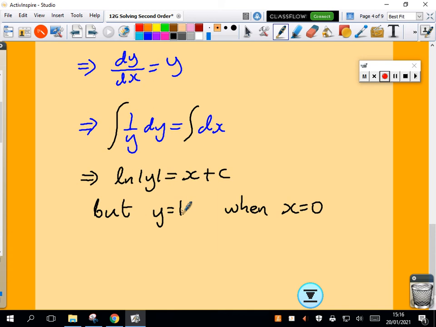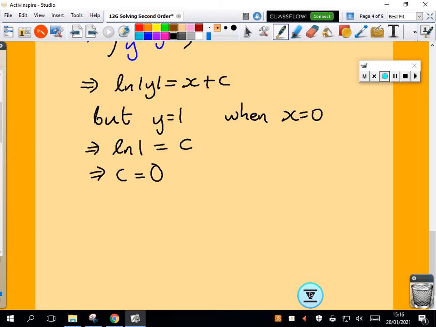That means the natural log of the absolute value of 1, which is just 1, is equal to 0 plus c, which is c. The natural log of 1 is the exponent to which e is raised in order to get 1. It is 0. Therefore, the natural log of the absolute value of y is equal to x plus 0, or just x.